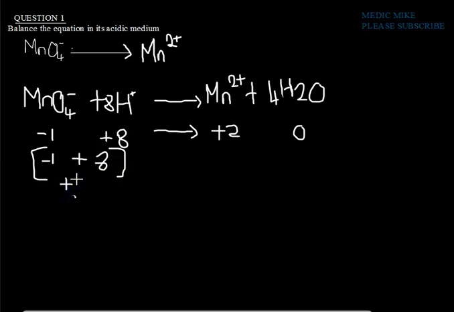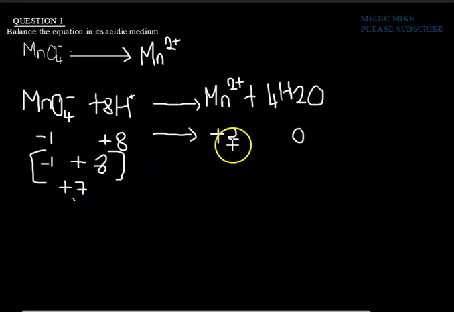So at this part of the reaction, which is the reactant side, we'll be having a +7 charge, while at our product side we'll be having a +2 charge, because +2 plus 0 is still equal to +2, because the water molecule there has no charge, so it's a 0 charge. So these two will also come down.